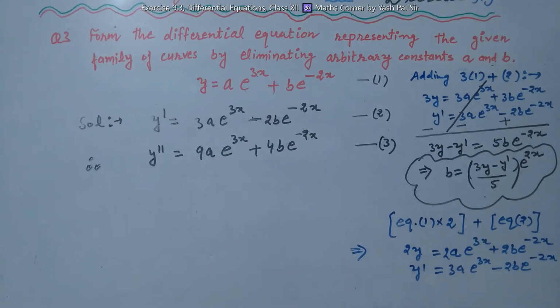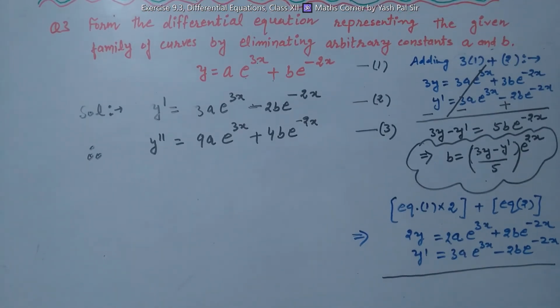Now we just add these two equations. So we have 2y plus y dash is equal to 3a plus 2a becomes 5a e power 3x. This will be cancelled.